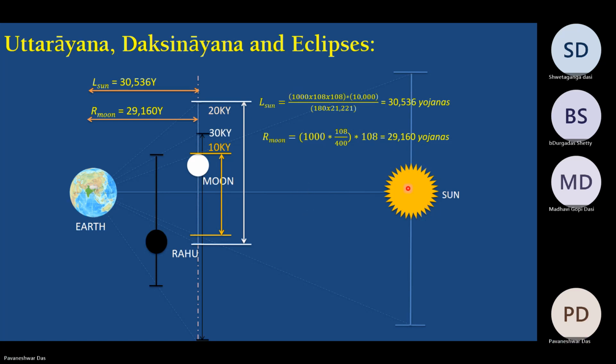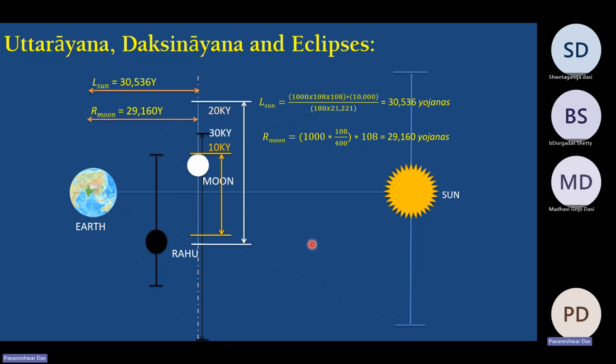At this distance, sun is moving from here to here. In Vayu Purana, it tells about the distance from here to here. It is 180 times 21,221. This is the distance traveled by sun from here to here. So 180 times 21,221, and we know this distance.